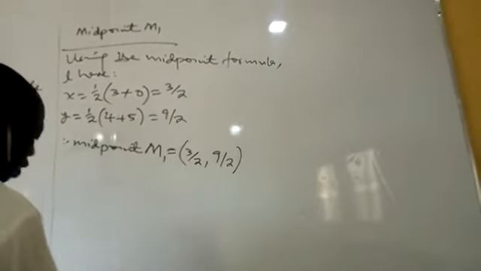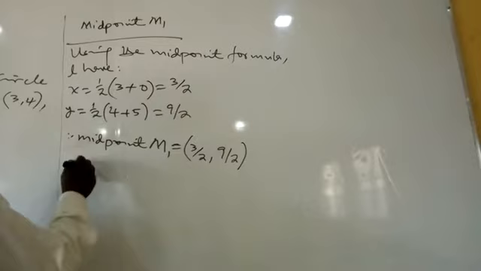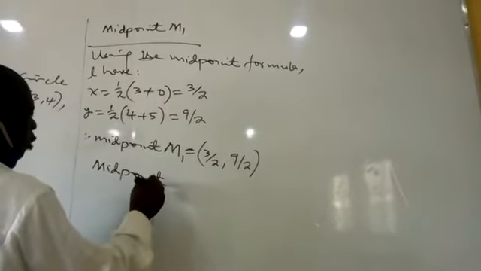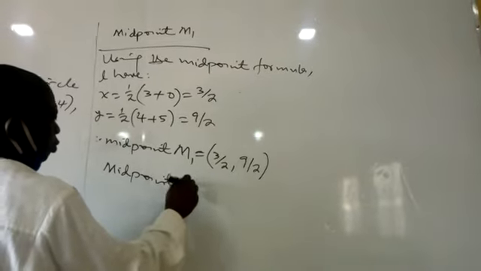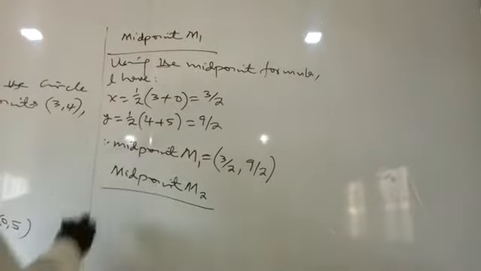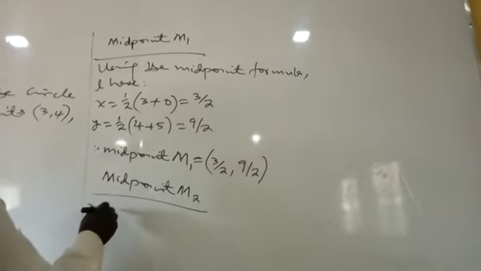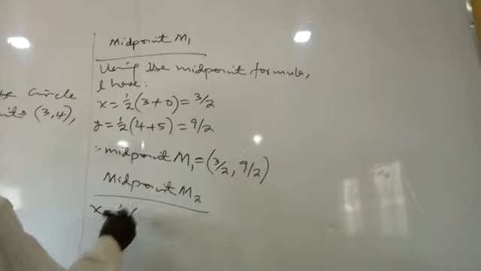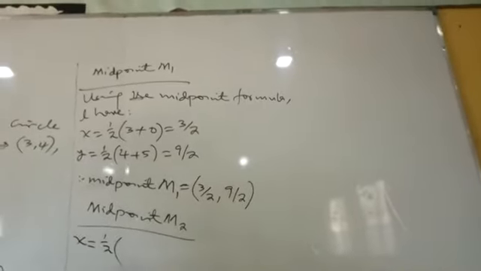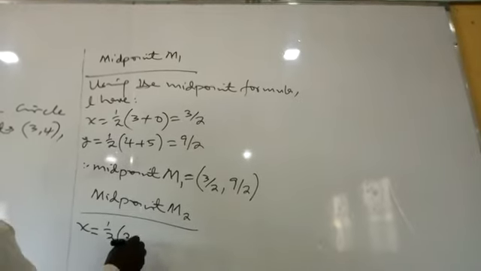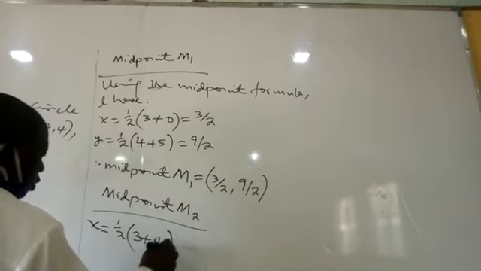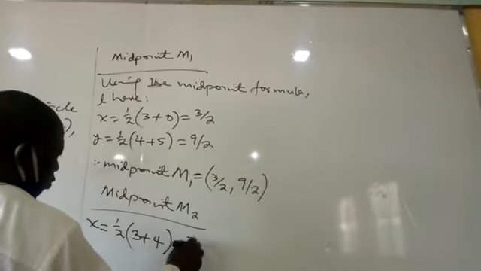I use the same midpoint formula to determine midpoint M2. The x coordinate of the second midpoint M2 will be half into 3 plus 4, which is equal to 7 over 2.